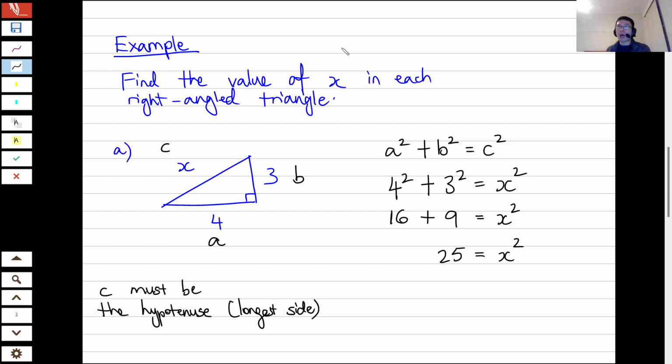Now, I want to find x. Right now, I don't have x, I have x squared. So I need to do something to both sides to get me from x squared to x. The step that we're going to do is take the square root of both sides.